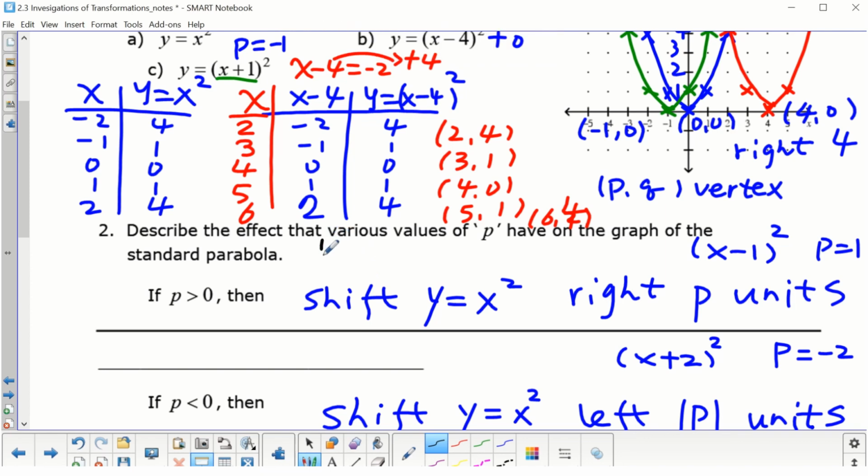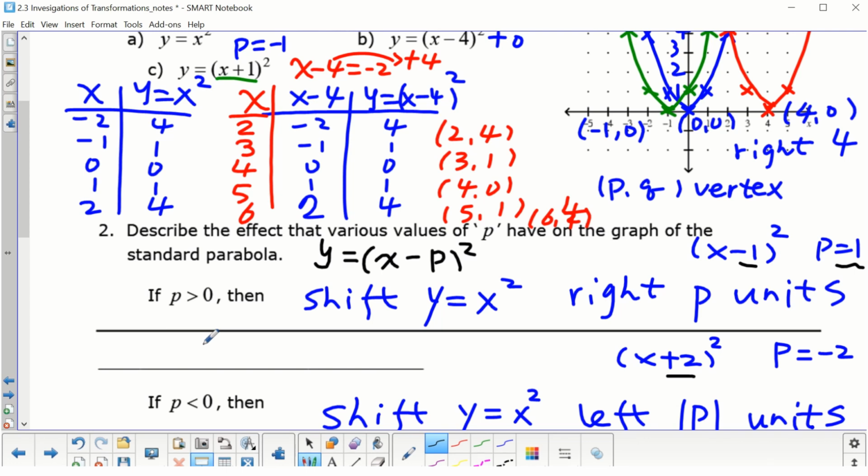For this one, we have y equals bracket x minus p bracket squared. So the p value is opposite to the number inside the bracket. If you have x minus 1, then p is positive 1, so it's opposite. So -1 gives right, positive 1. +2, then left 2 units.